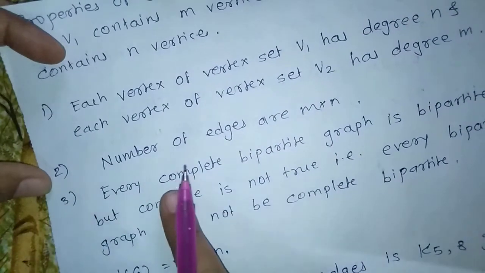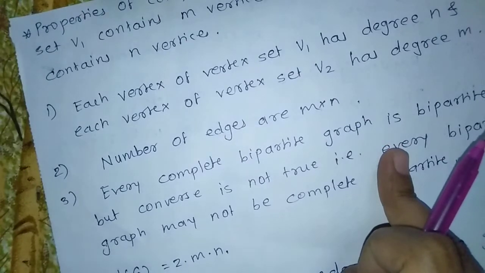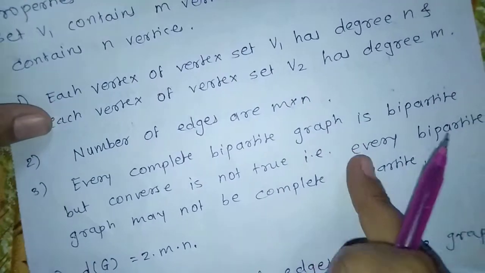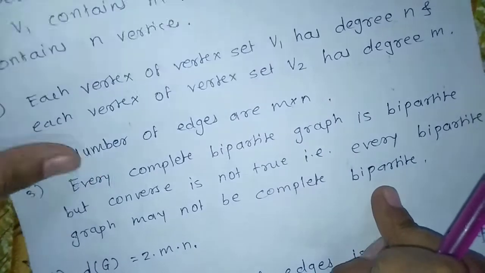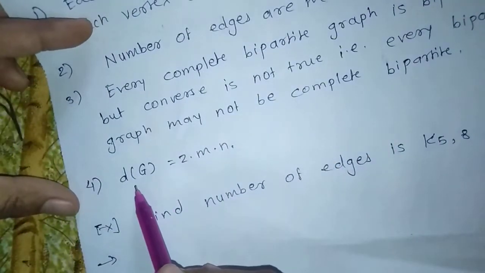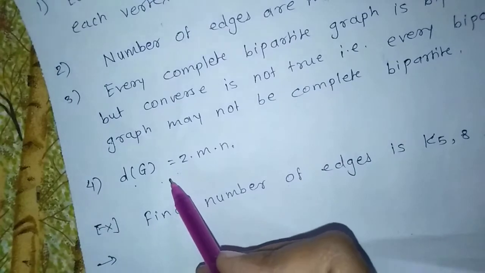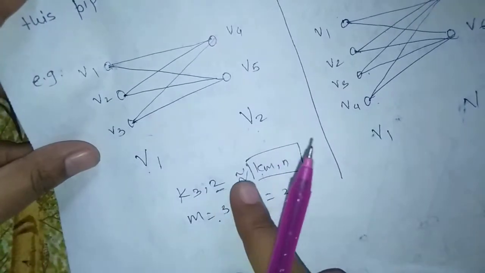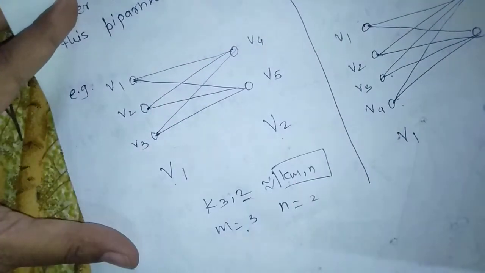Next property, every complete bipartite graph is bipartite but the converse is not true. That is, every bipartite graph may not be a complete bipartite. Next property, the degree of the graph is equal to 2 into m into n. Because here in K(3,2), degree of graph means the summation of the degree of each vertex of this graph.